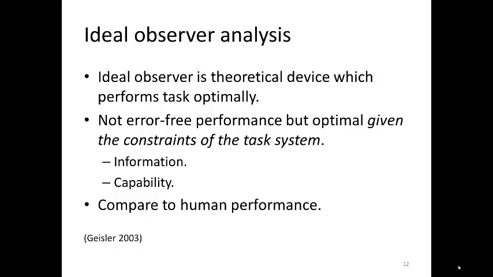Right? So what you are aiming to get is not the performance of a task with no errors at all, but the performance of a task that's as good as it can be given the conditions that you set, given the constraints of the task system. So it might be impossible, given the way that the task is set up, to do it 100% no errors, whatever that might be.